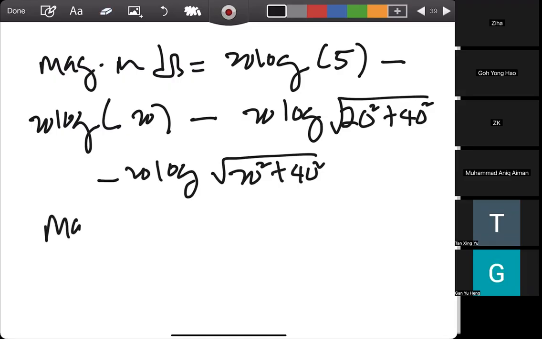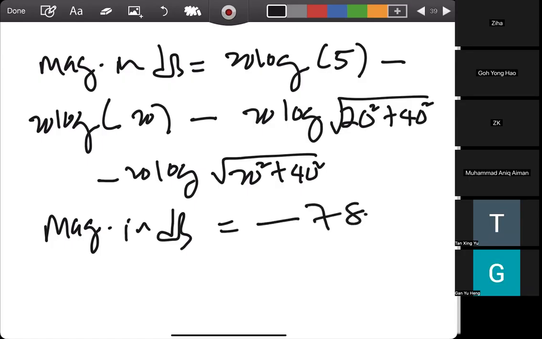The magnitude in decibel, I think, is negative 78.06 decibel. Okay, you can verify later on. So that is the way we calculate question 3B.